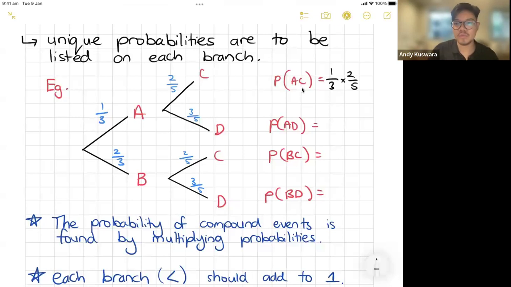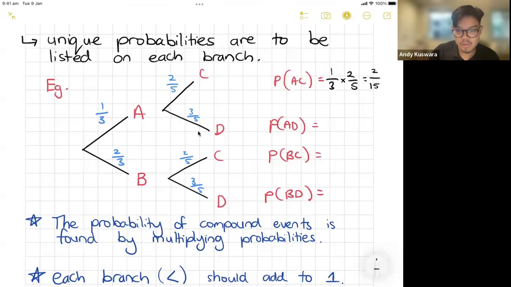And if you've forgotten, the way that we multiply fractions is either use a calculator, or numerators with numerators, denominators with denominators. So in this case, 1 times 2 is 2, 3 times 5 is 15. So the probability of getting an A and then a C is 2 on 15.